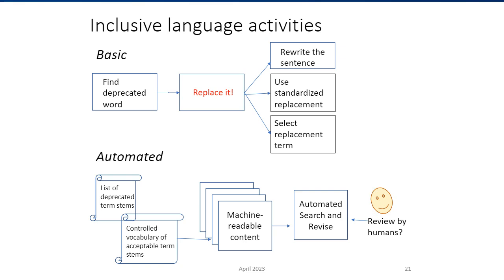You can have a list of deprecated term stems, and you can make sure all your content is machine readable, go through it, do an automated search and revise, and then you hopefully have a review by humans to make sure that what you've written still makes sense and is good in your context and is going to be translatable or usable if you decide to move to another market. So this process is good and useful, say, if your organization acquires all the intellectual property or products of another organization and you have all their technical communications now and you want to see if they're fit for use and make them consistent with yours.